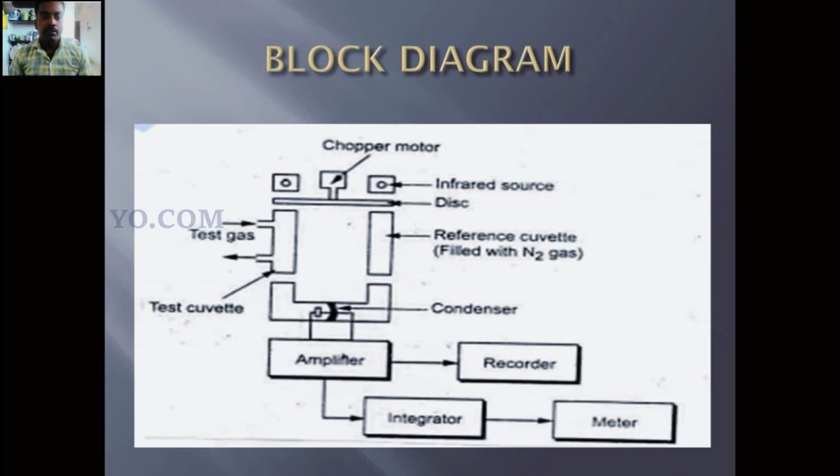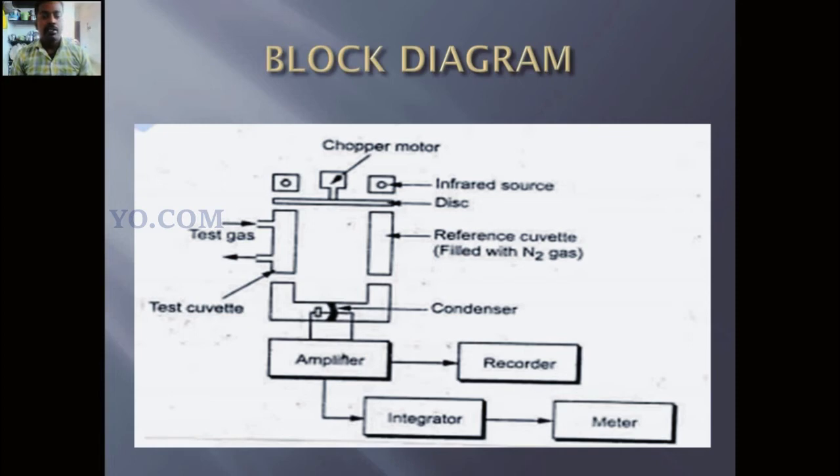The beam falling on the test side of the detector is weaker than that falling on the reference side. The beam falls on both sides from different infrared sources, but on the receiving side, the test CO2 side of the detector is weaker. That means the infrared rays received in the detector on the test side are very weak compared to the reference side.